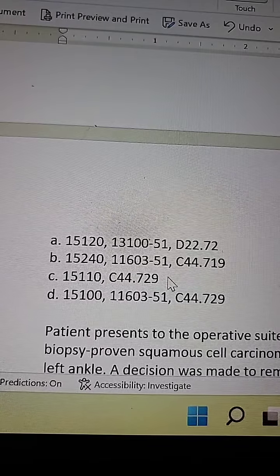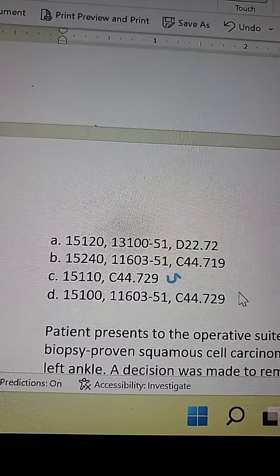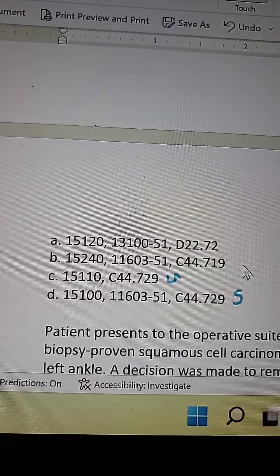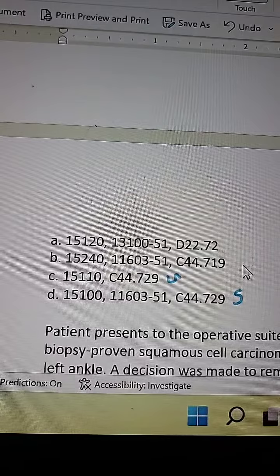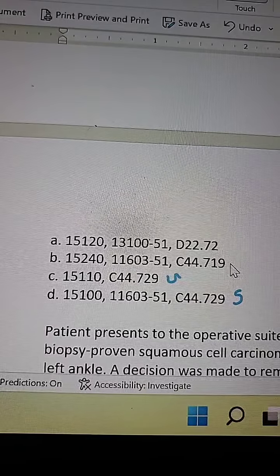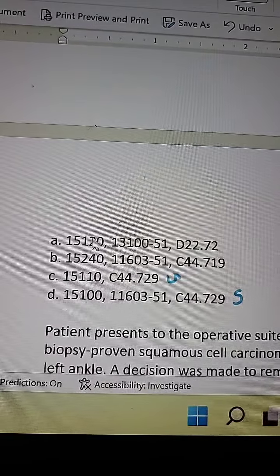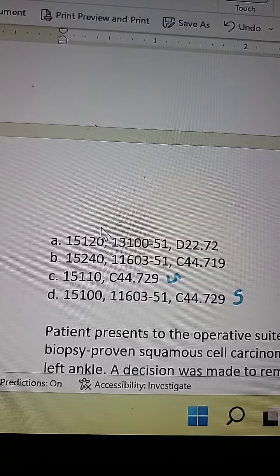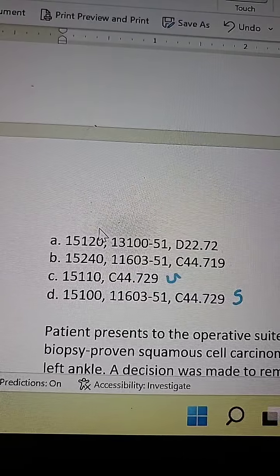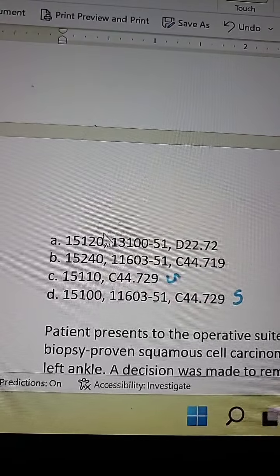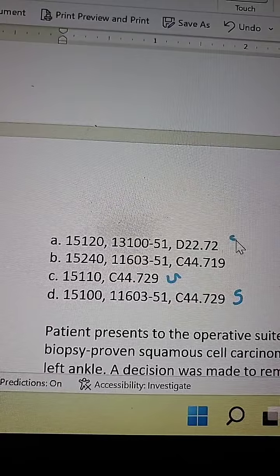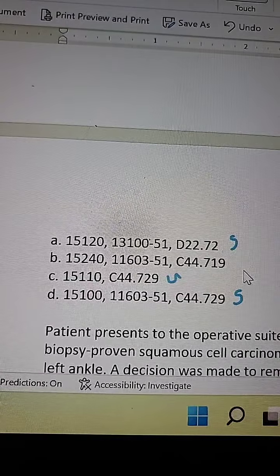We're driving the car. Autograft, we're split. Our 40 is, I don't know where. Oh, that's a 15240. That's why. 15120. Is also a split thickness autograft. So it's probably a difference between those two split thicknesses.